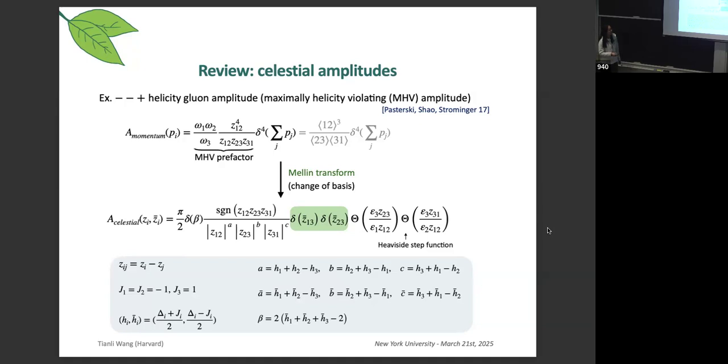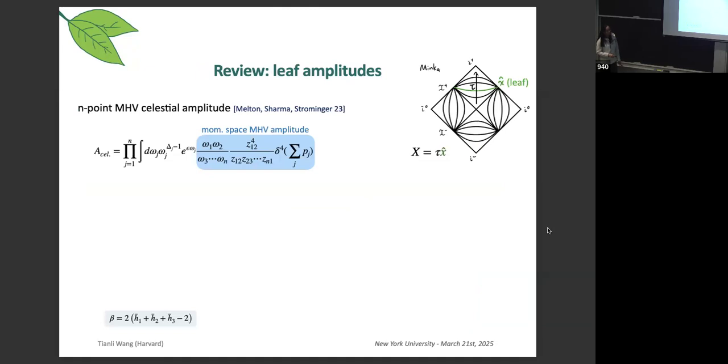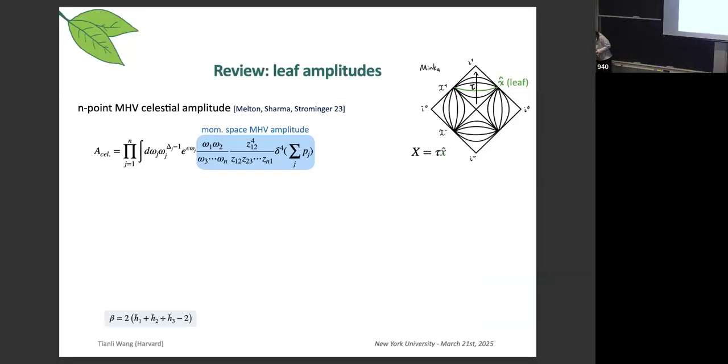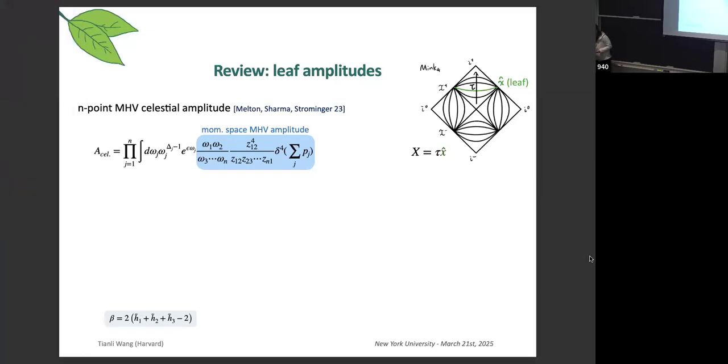Okay, so now we're counting on leaf amplitudes to save us. This is where we are: we finished reviewing celestial amplitudes and now come to leaf amplitudes. As I mentioned, I'll focus on MHV tree level amplitudes in my talk.